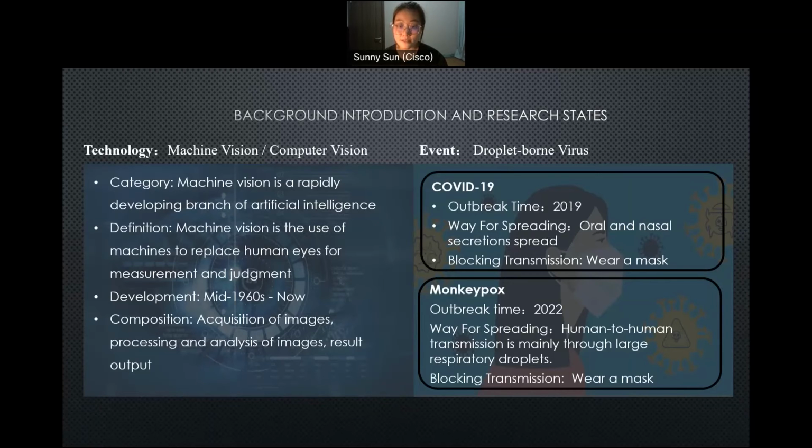This project is meant to effectively detect whether people wear masks in public places. This can help managers of public places determine the risk factor in the current area and then decide whether to take disinfection measures. Because the issue of wearing masks appeared only recently, there is very little commercially available mask detection software on the market.